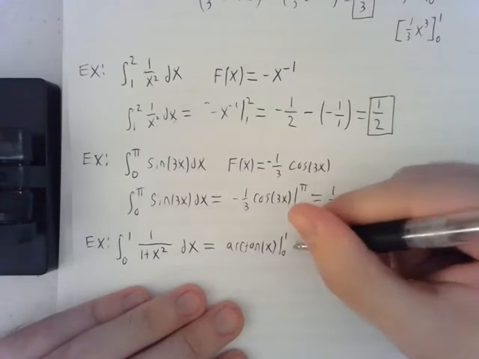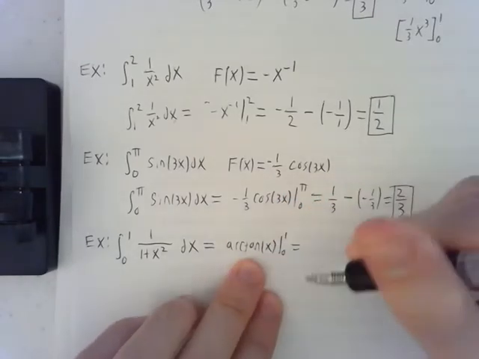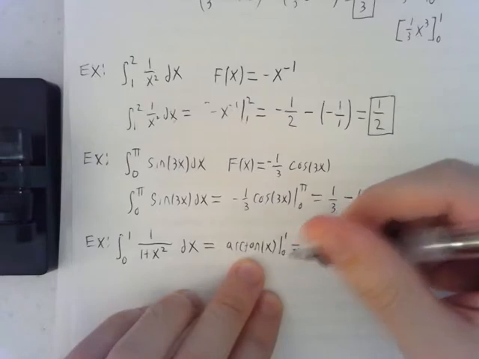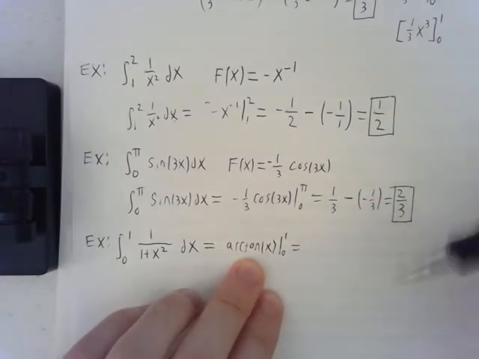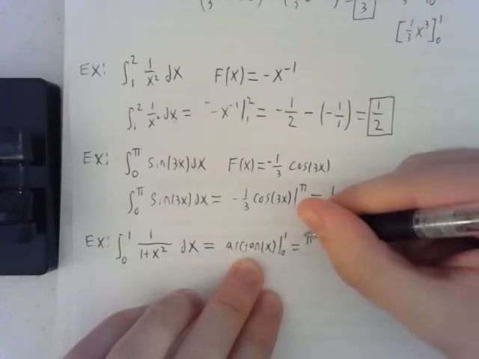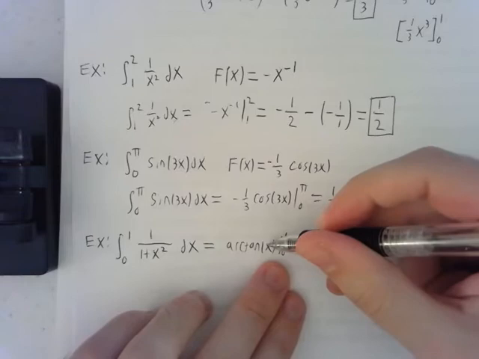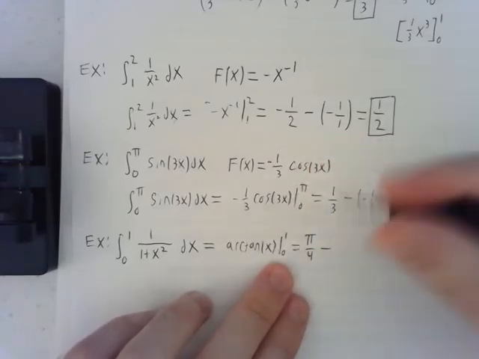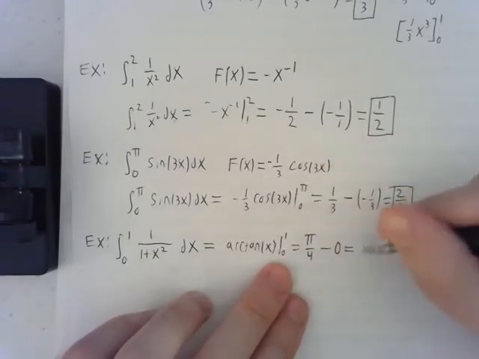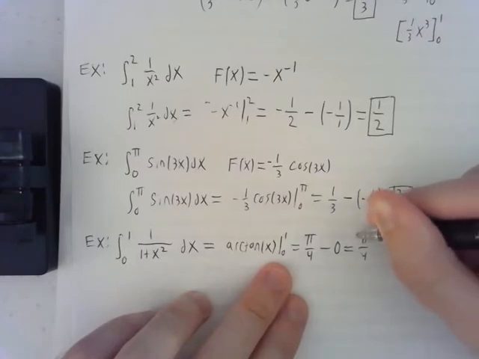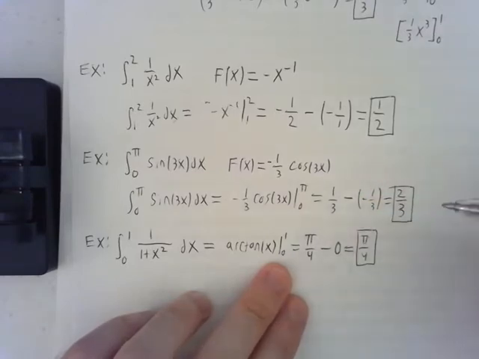We're evaluating from 0 to 1. Arctan of 1 means that tangent is equal to 1. That occurs when sine and cosine have the same value, which you may recall happens at pi over 4. Then if we plug in 0, arctan of 0 is equal to 0. So the value of this integral is pi over 4.